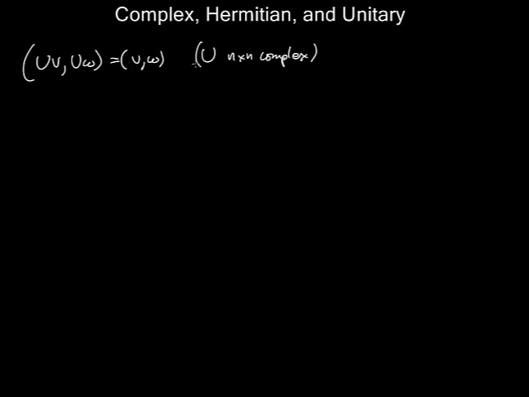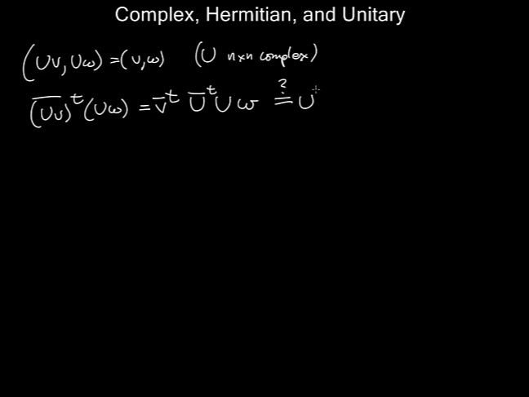So U is an n by n complex matrix. Well, let's write down the UVUW is given by this, and that's V bar transpose U bar transpose U times W. And I'm asking whether that's equal to V transpose bar W for all vectors. And just like in the real case, you conclude that this fellow here had better be equal to I.